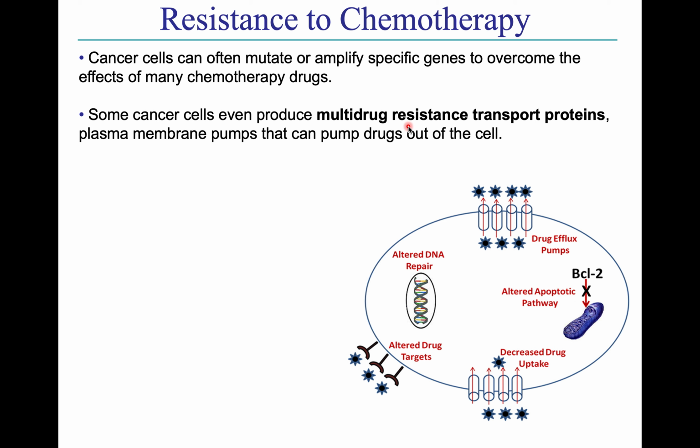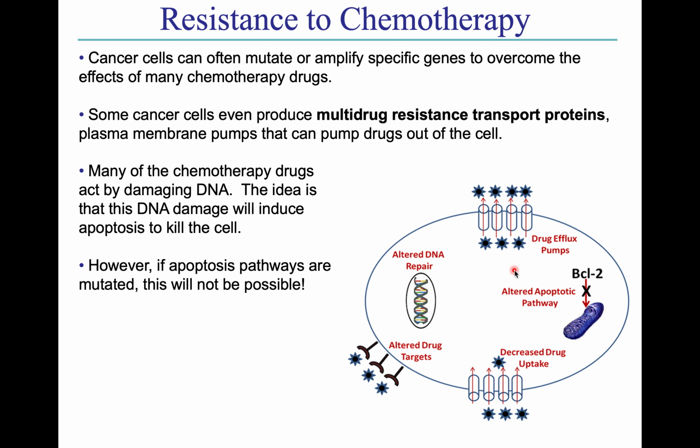What happens in these cells is they are basically upregulating and activating pumps, essentially. So plasma membrane pumps or transport proteins that will literally just pump any chemotherapy agent that's taken up by the cell out of the cell. So obviously, if the drug's not getting in, it is not going to be effective.